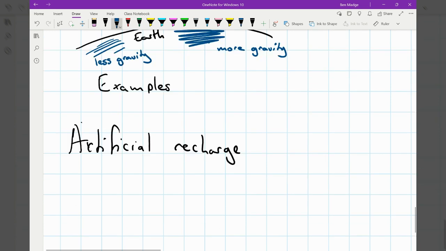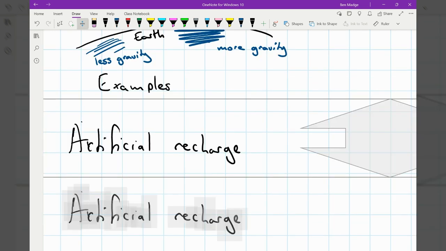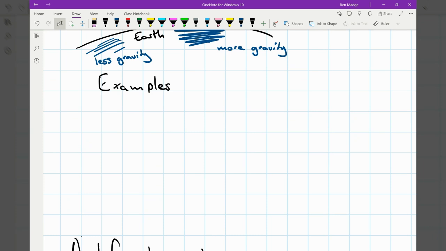So some examples of aquifers that are overexploited. You have the High Plains aquifer. And this is in the USA.